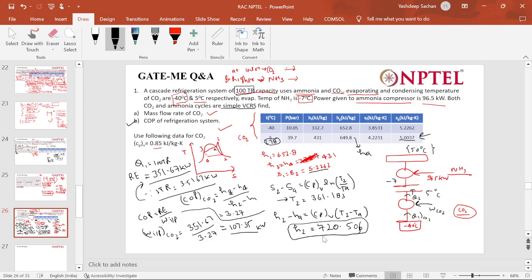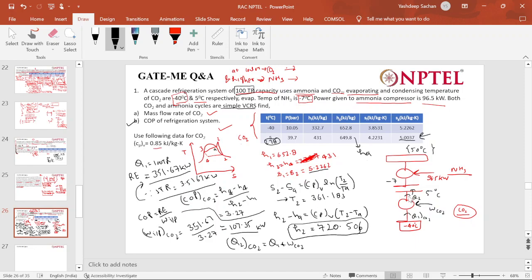So is it clear till here? Now what is the value of Q2? What would be the Q2 for CO2? It would be the Q1 plus W of CO2, right? From first law of thermodynamics, whatever comes in, plus the work we give, both will merge and go out here. Same thing happens in the refrigerator or heat pump.